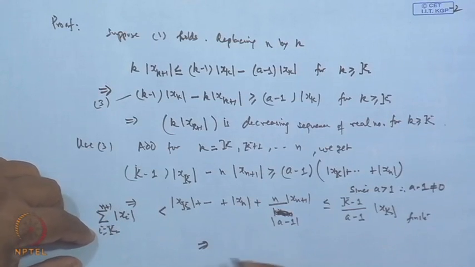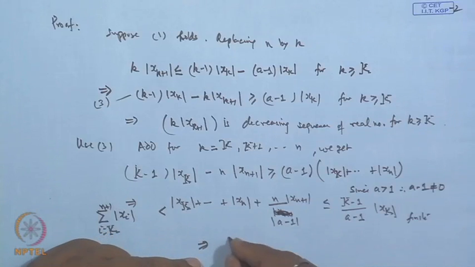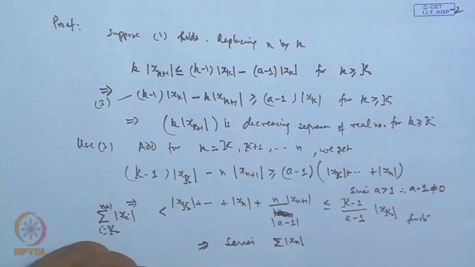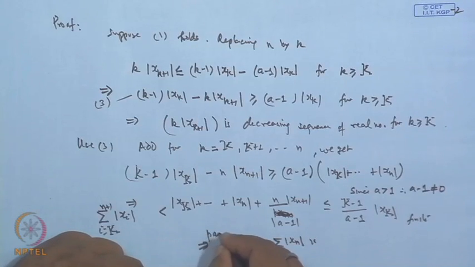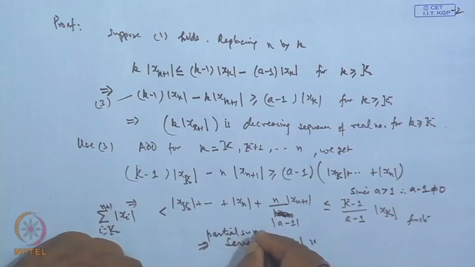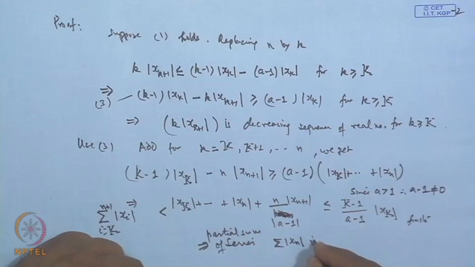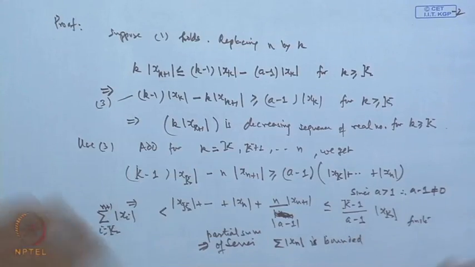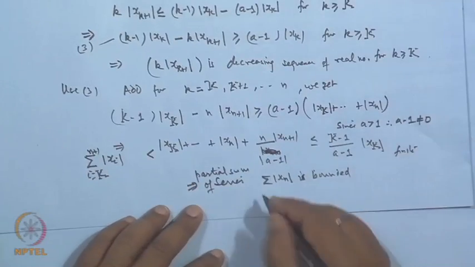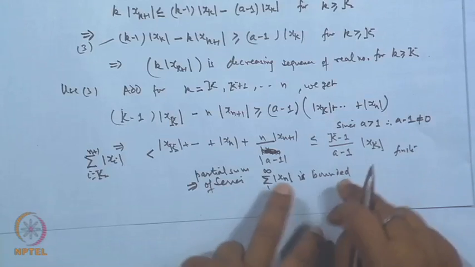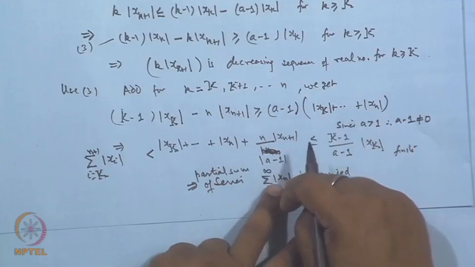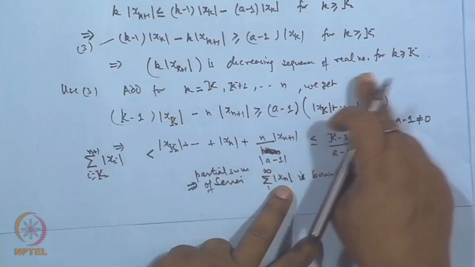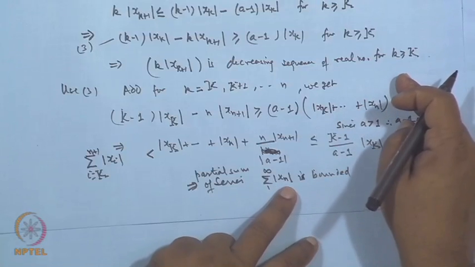So, this implies that the series sigma mod x n is a bounded partial sum of this series. So, the partial sum of this series is bounded, 1 to infinity, and the terms of this series form a decreasing sequence of real numbers, is it not?